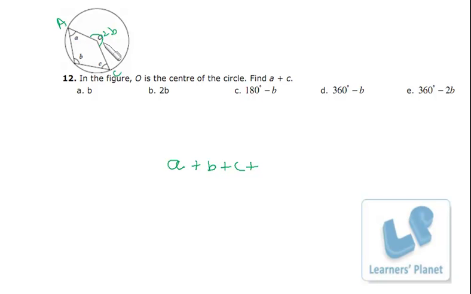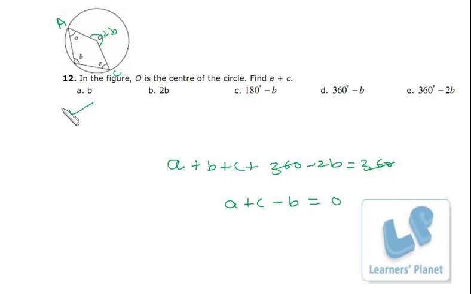This is B, this must be 2B, so this must be 360 minus 2B, right? And all of them will be equal to 360 degrees. Okay, so A plus C minus B is equal to 0. So A plus C is equal to B, right?